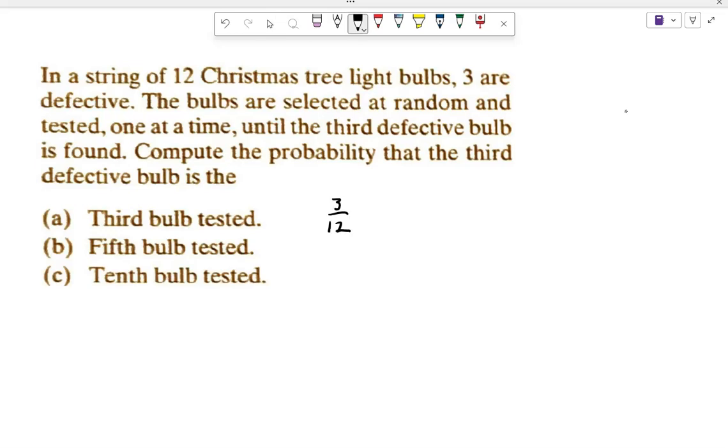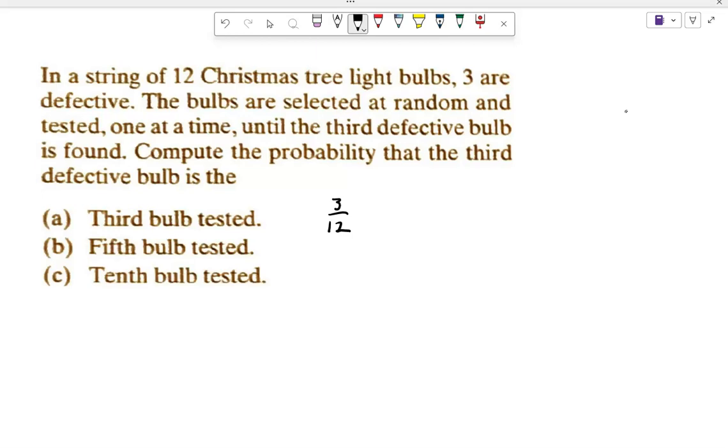Now, given that the first bulb that you drew was defective, what's the probability that the second bulb is defective? Given that the first one was defective, because you're trying to do 1, then 2, then 3, right? So to get the probability for the second one, I have to be given the first one's defective. What's the probability the next one is?